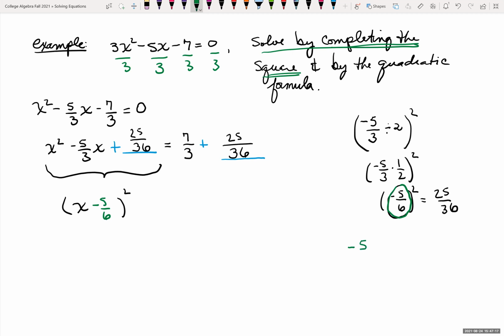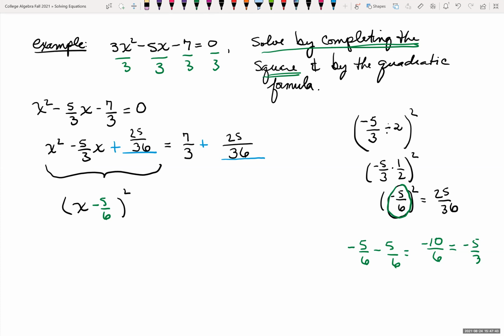Negative 5/6, adding it to itself, minus 5/6, gives us negative 10/6, which reduces down to negative 5/3, which is what we had up here. So it did work out. And negative 5/6 times negative 5/6 is 25/36.